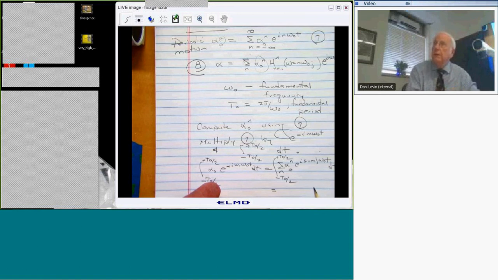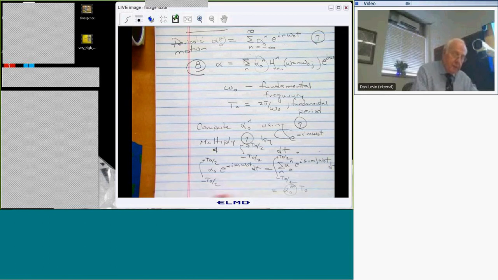So out of all of this, the only thing that survives is alpha naught m. And then when n equals m, of course, this doesn't depend on time. I just have the integral of dt from minus t naught over 2 to plus t naught over 2, so this is just t naught, right? So now I have an explicit expression for that in terms of this integral, and of course, involving the period. Right? So you give me a function of time that's periodic, I multiply it by this thing and integrate, and I produce the coefficients of the Fourier series.